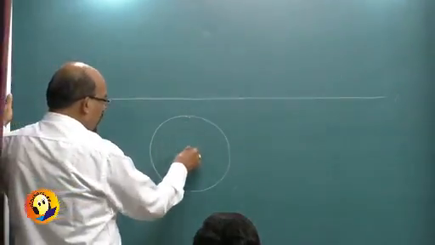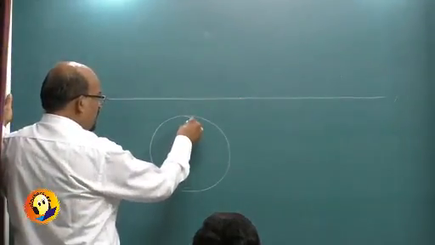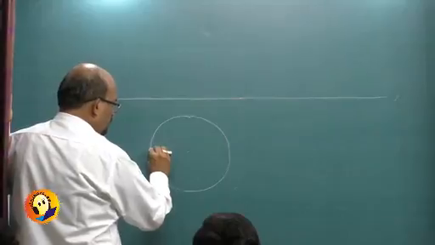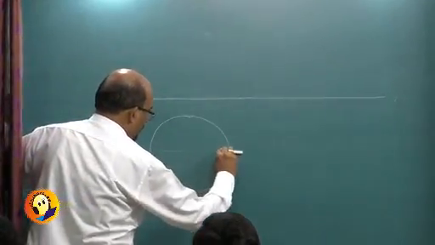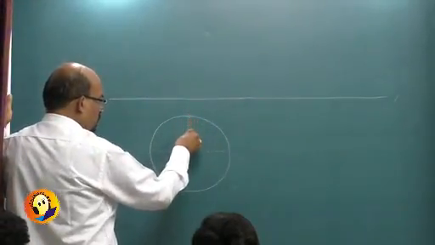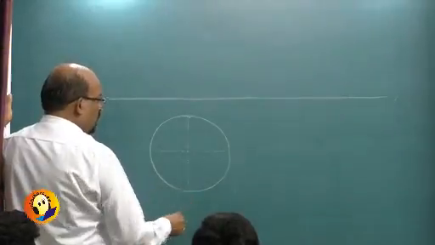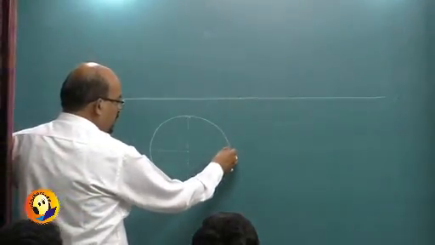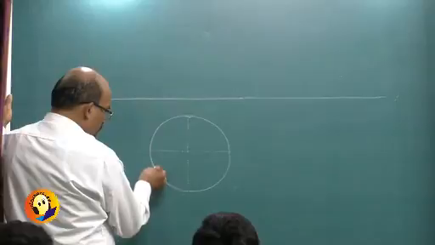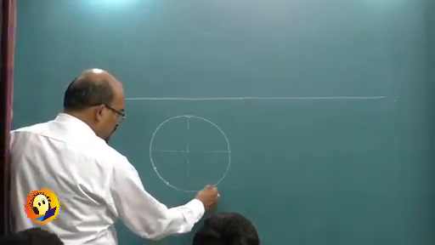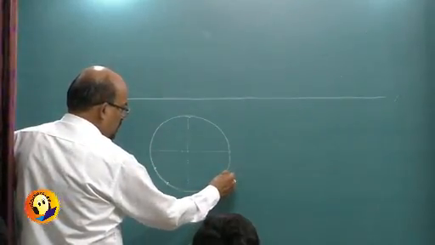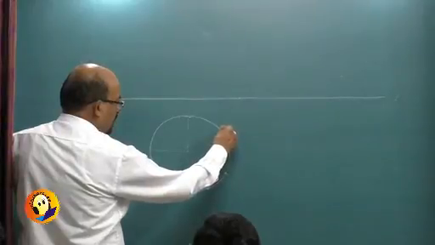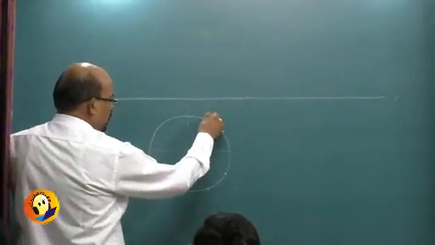And we will have to divide that circle into 12 parts. And each part will be 30 degrees each. We need not draw those lines. You know how to divide the circle into 12 parts?